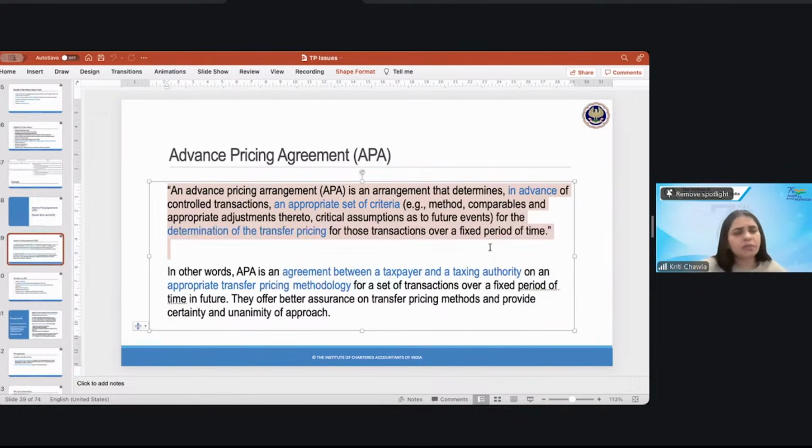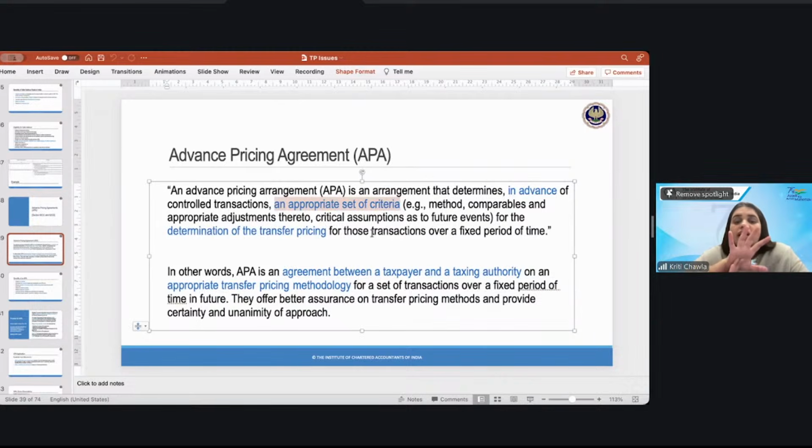What is the meaning of an appropriate set of criteria? They could determine anything: the method, the comparables, or the adjustments, whatever the taxpayer is aggrieved by. It helps in determination of transfer pricing for those transactions going forward over a fixed period of time.